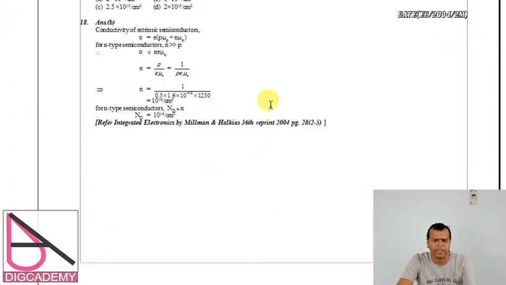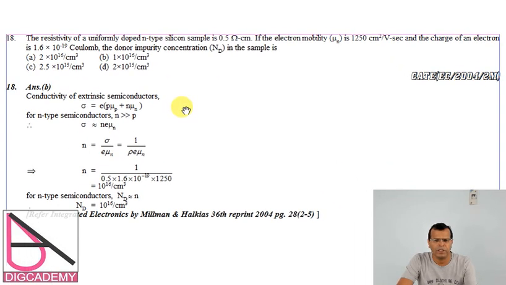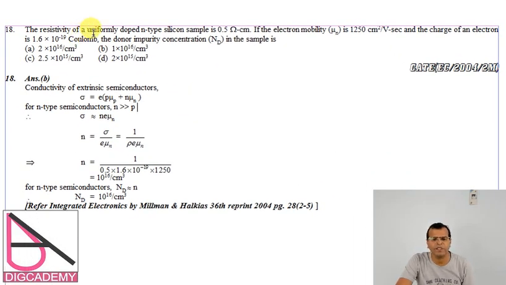Then let us see the next question. The resistivity of a uniformly doped N-type silicon sample is 0.5 ohm centimeter. If the electron mobility mu_n is 1250 centimeter square per volt second and the charge of an electron is 1.6 × 10^-19 coulomb, the donor impurity concentration in the sample is?